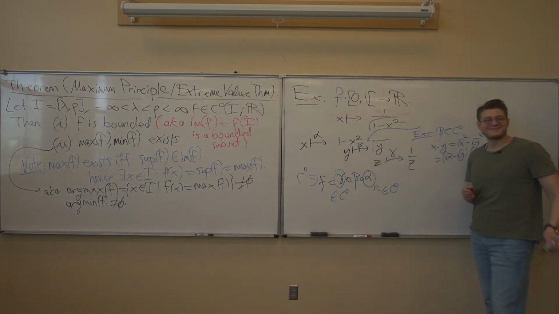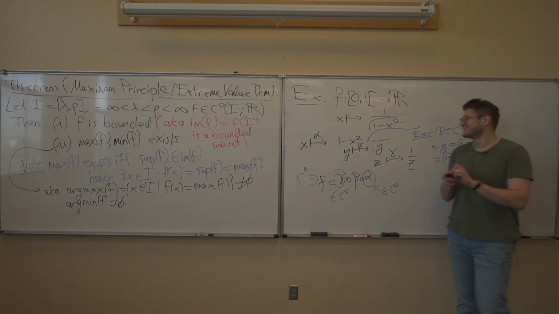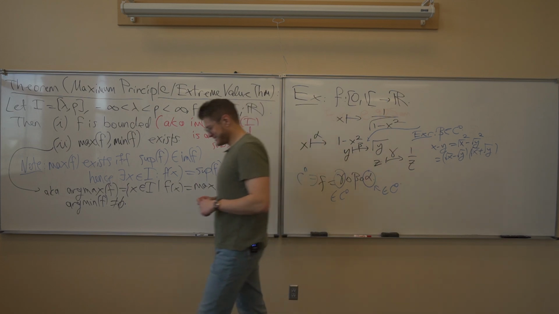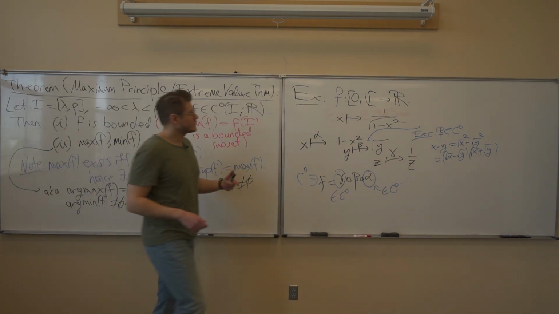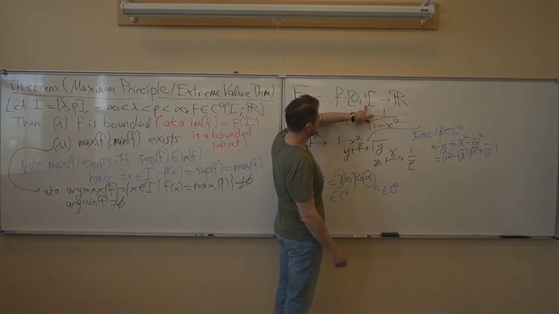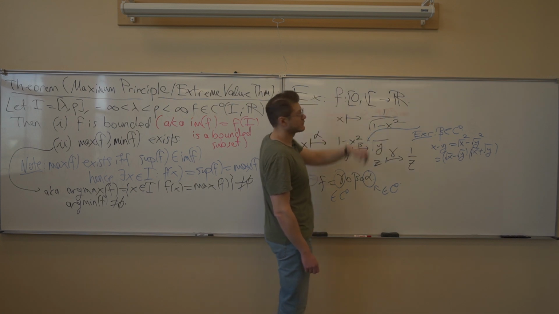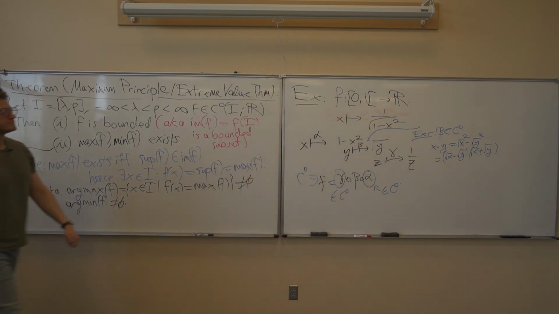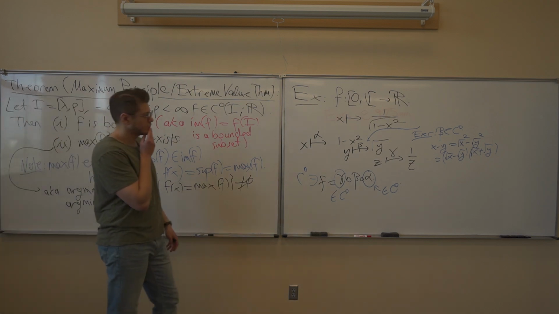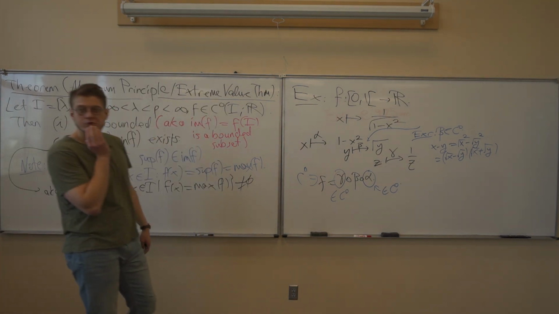I should put it here like this. Good catch. Yes, of course, as your colleague is suggesting, at 1 you have an asymptote here. Very good. It has to be defined everywhere. Okay. Any other questions?